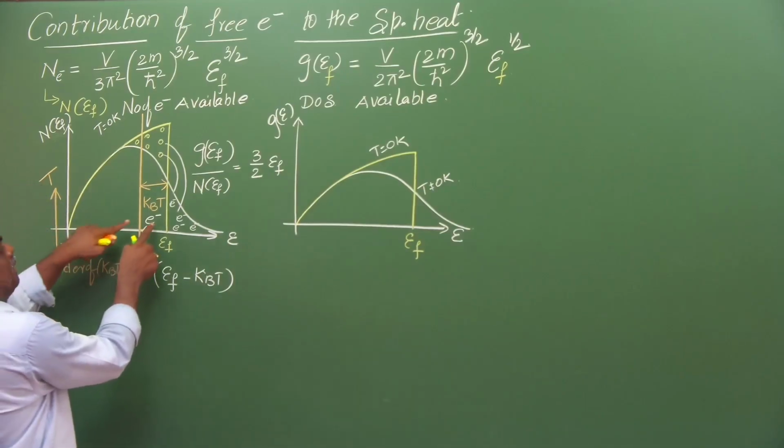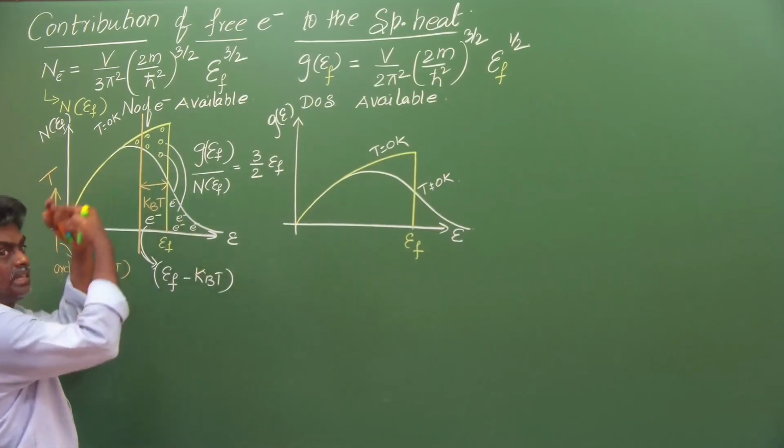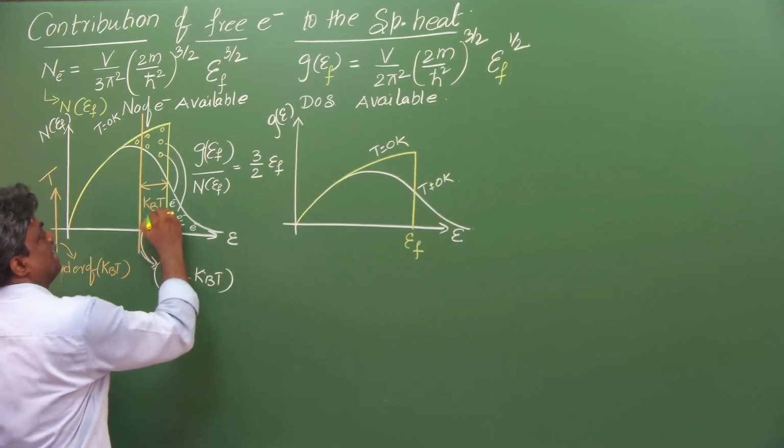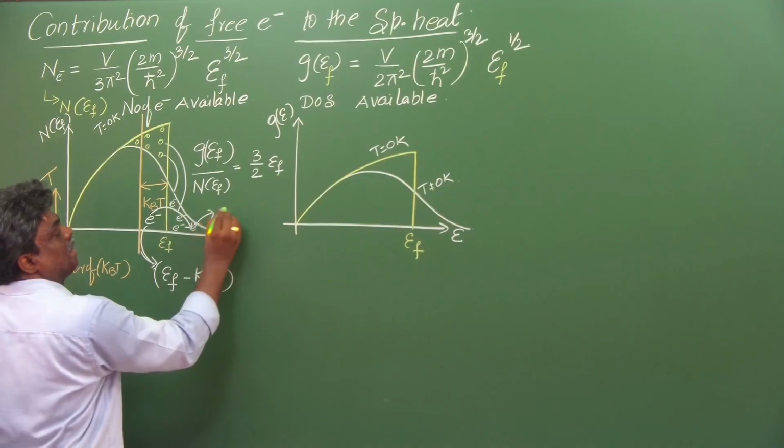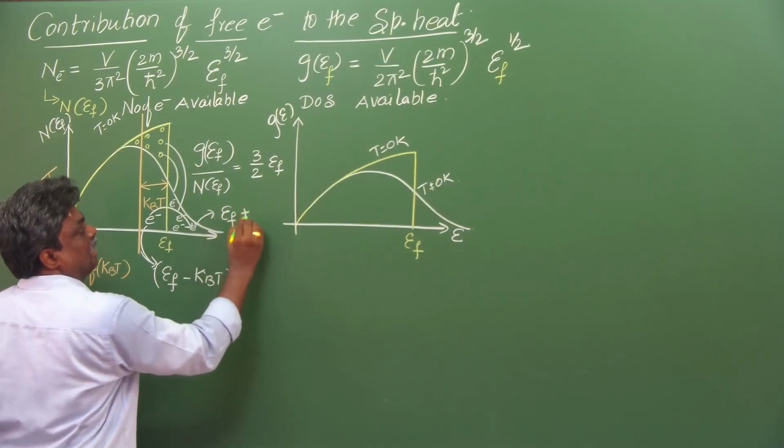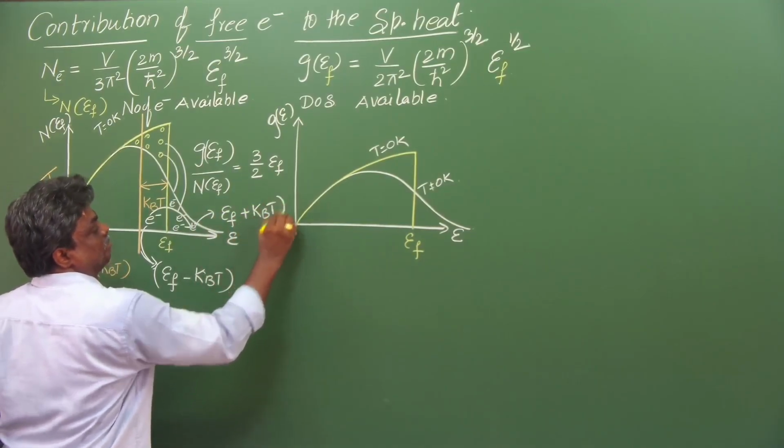Now what will happen? This electron will gain that thermal energy and will be excited to another state, and this electron's energy becomes EF plus kBT.